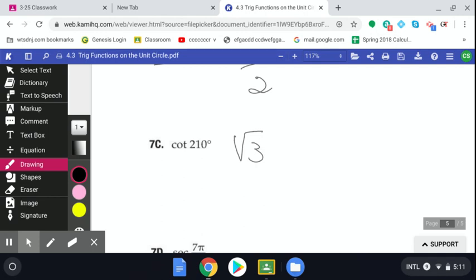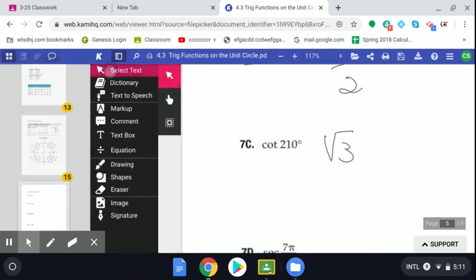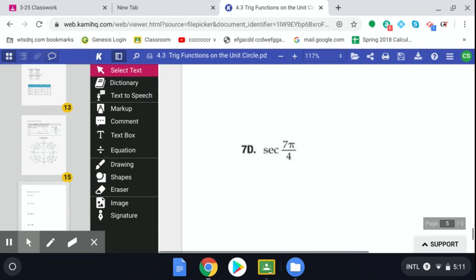And then we have secant of 7 pi over 4. So secant 7 pi over 4, when I see this right away in my head, I think, okay, well, 8 pi over 4 is 2 pi, so it's going to be negative pi over 4. So secant is 1 over cosine. So remember, cosine is x.